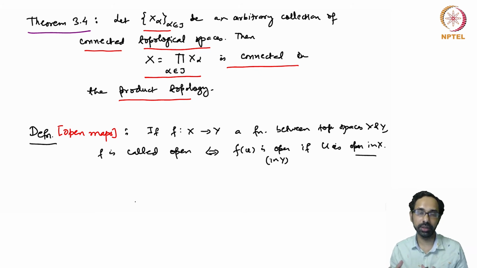Now for a continuous function, we have seen that a continuous function pulls back open sets to open sets, and this open map is the other way around. It pushes open sets to open sets.